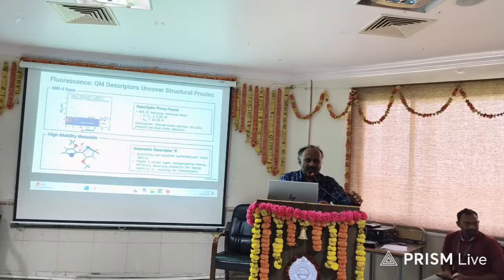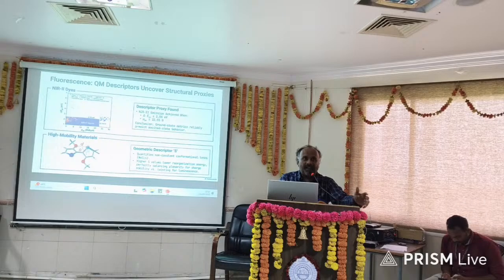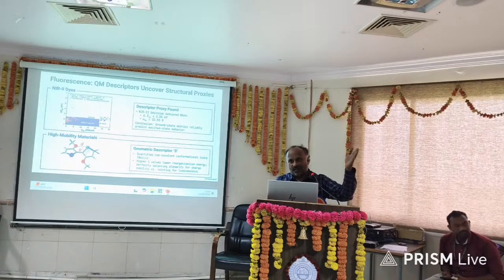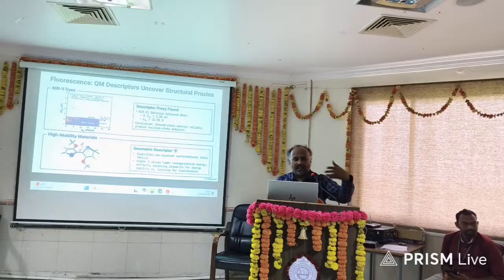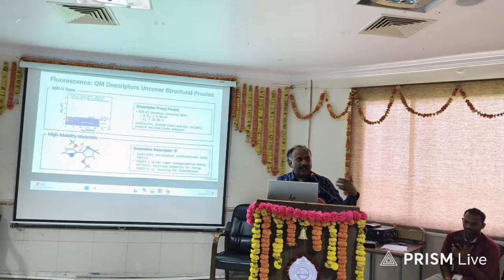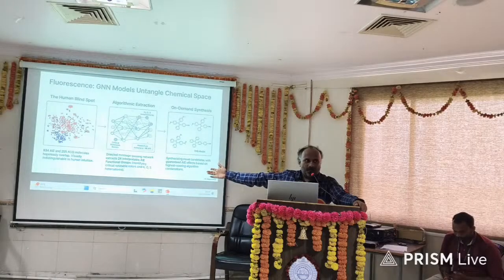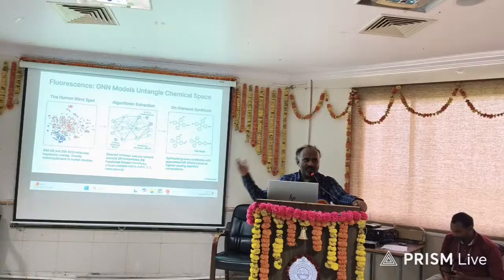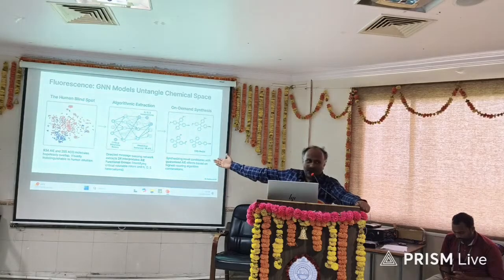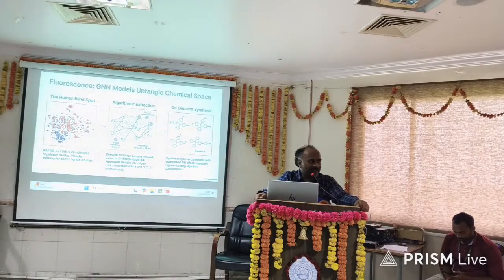And these are some of the proofs where the combination of computational chemistry and machine learning helps in identifying better molecules. I'm not explaining all those things, but if you see here, how we see the data and how machines see the data: on the left side, we have 934 molecules of data, which is difficult for us to analyze.